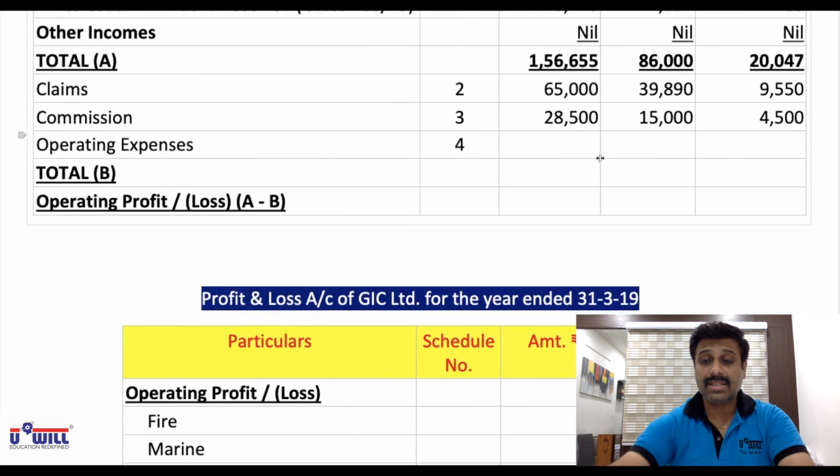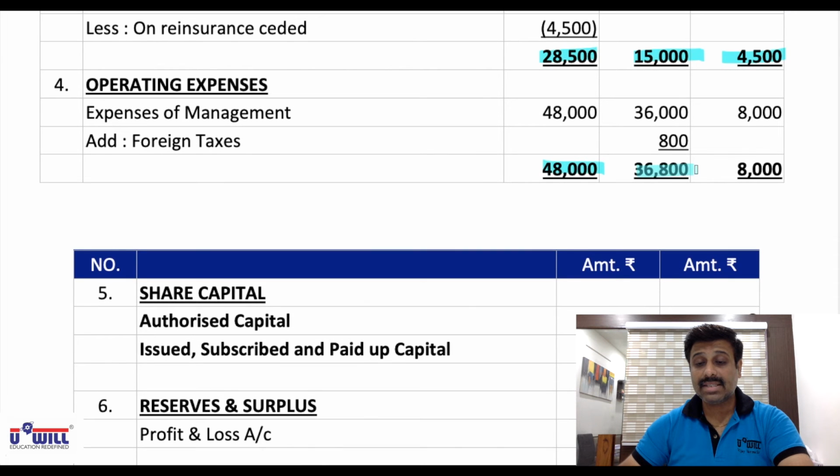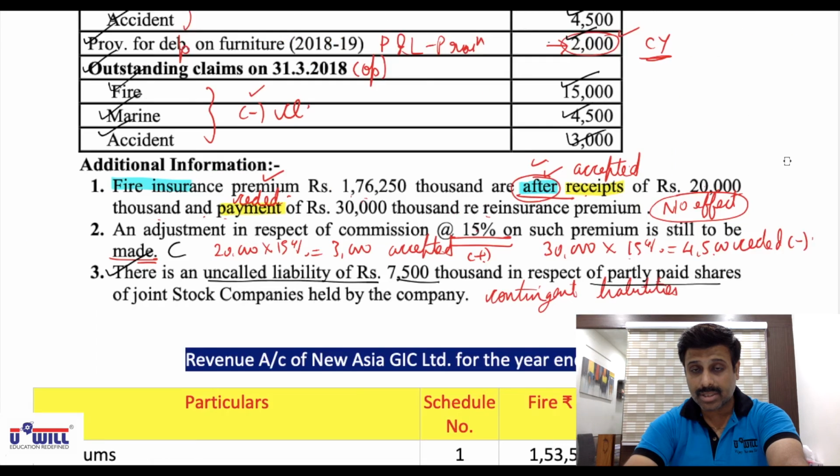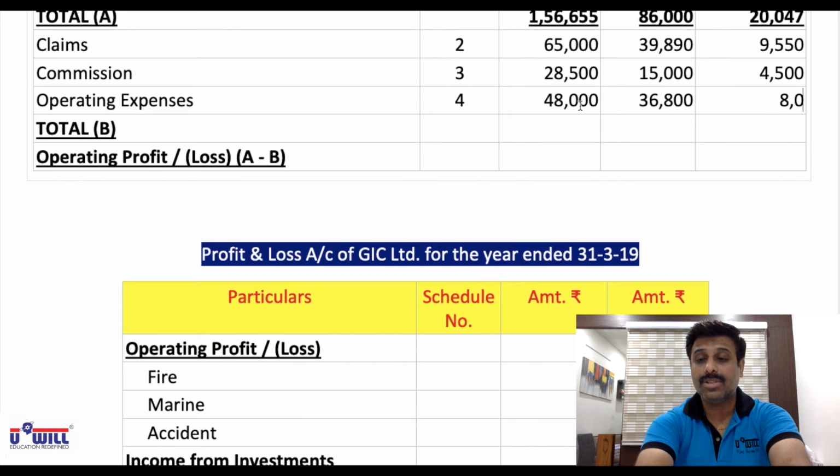Then operating expenses we have 48,000, 36,800, 8,000. So write down 48,000, 36,800, 8,000.